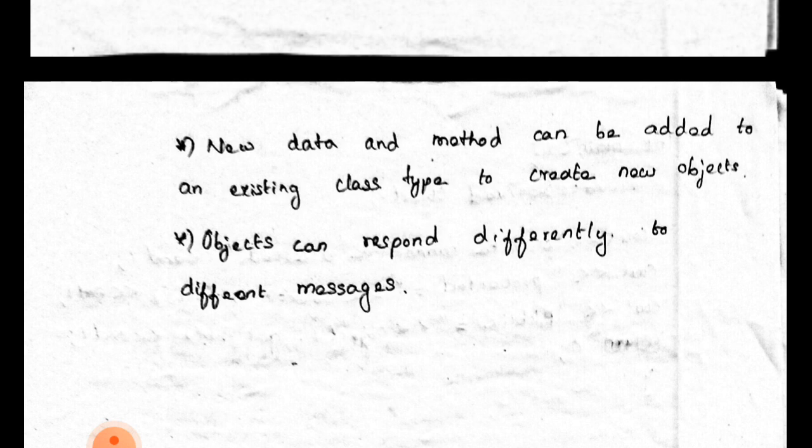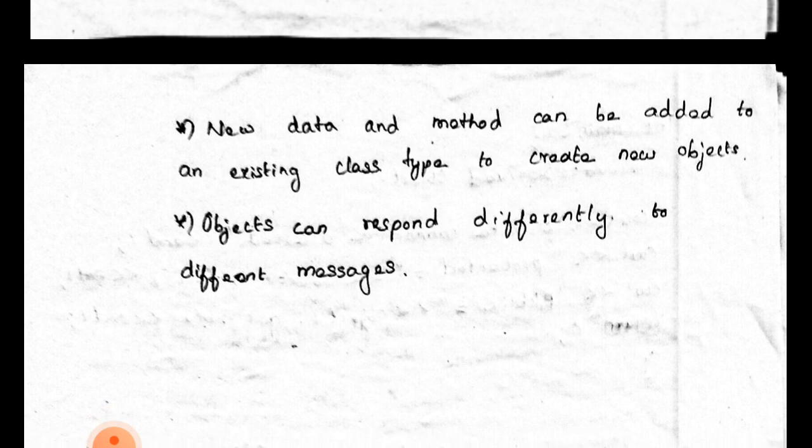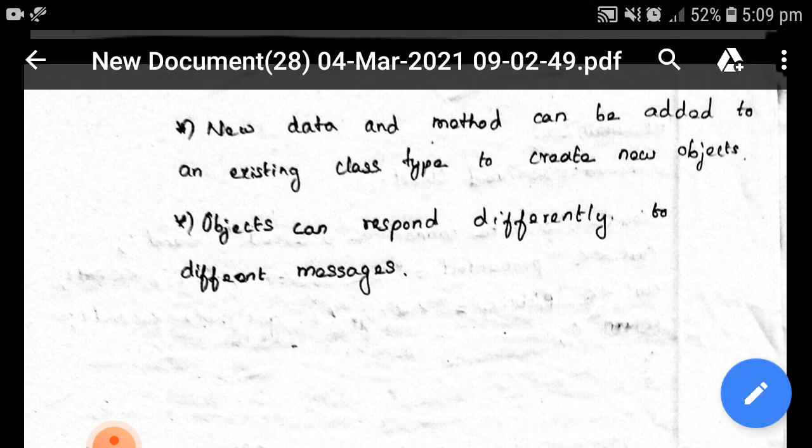In a program, objects communicate with each other. In the main function, if you want to create another new object, it takes new data and methods and adds them to the existing class. The class is one, but we can create many objects to solve a program.